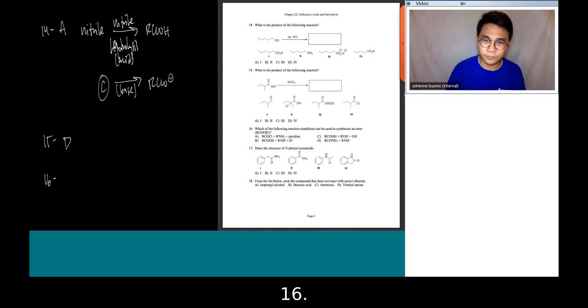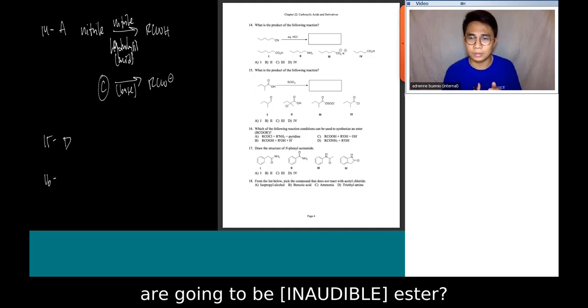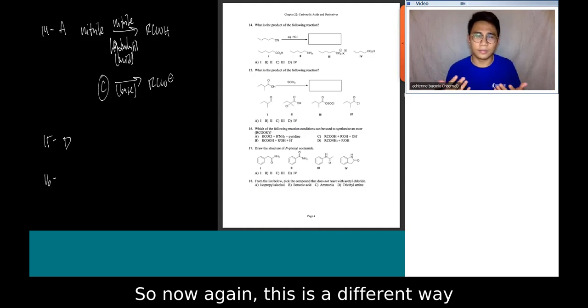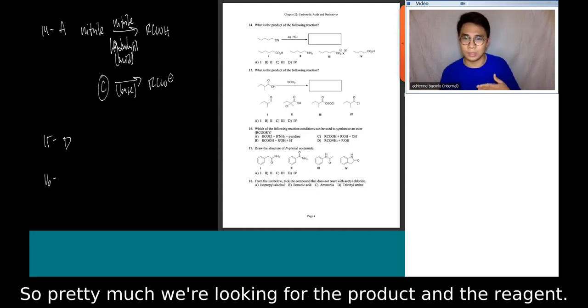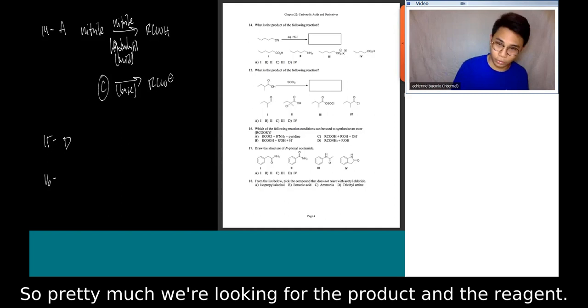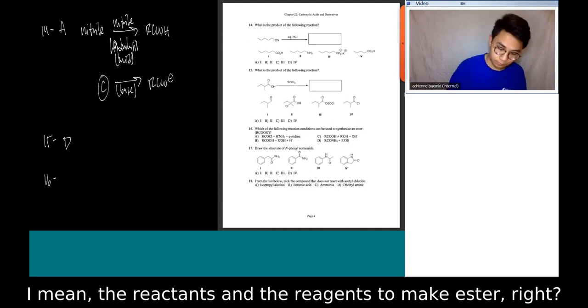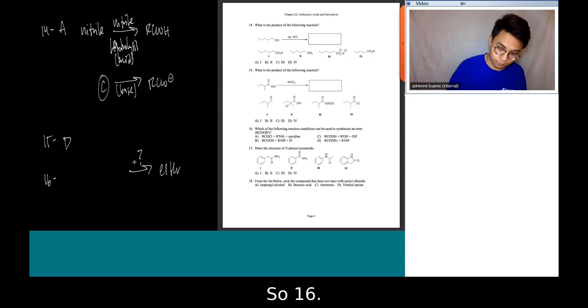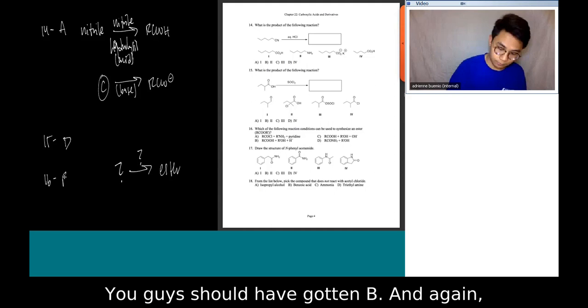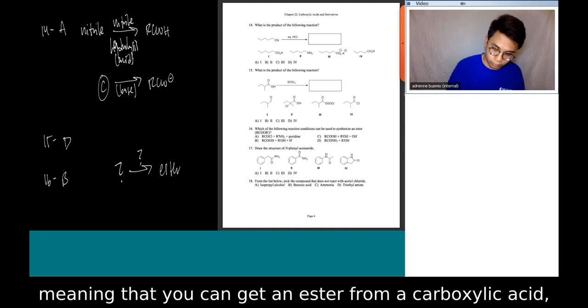Okay. 16, which of the following conditions can be used to synthesize an ester? So this is a different way of asking the same question. We're looking for the reactants and the reagents to make an ester, right? 16, you guys should have gone B. Meaning that you can get an ester from a carboxylic acid, right?